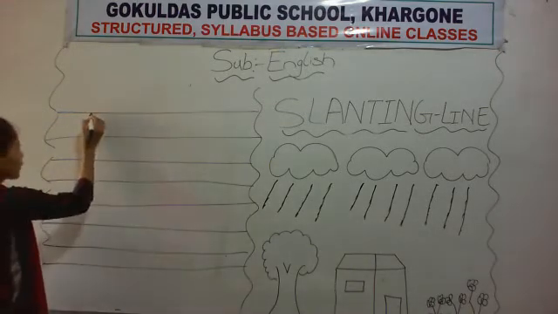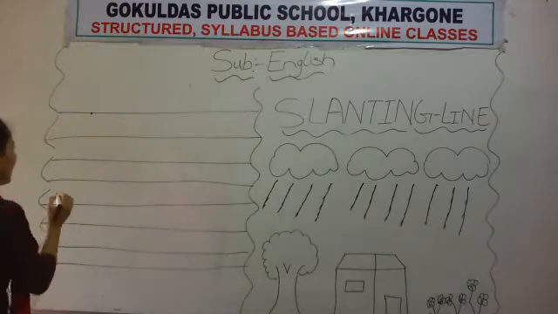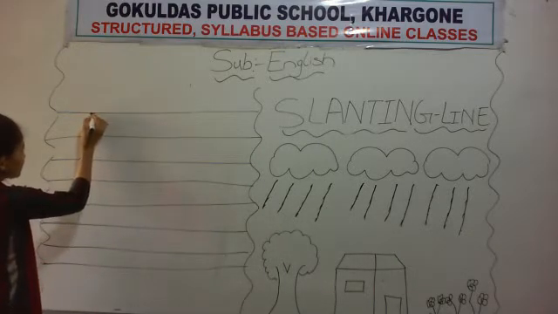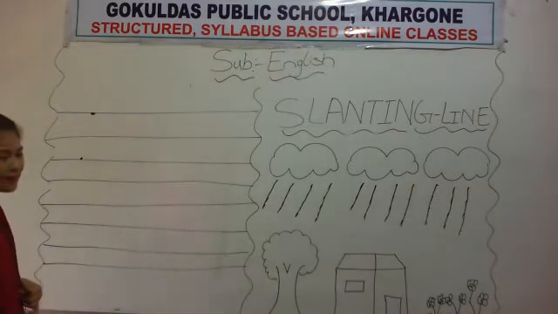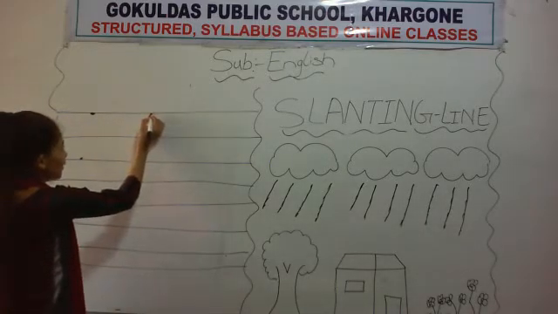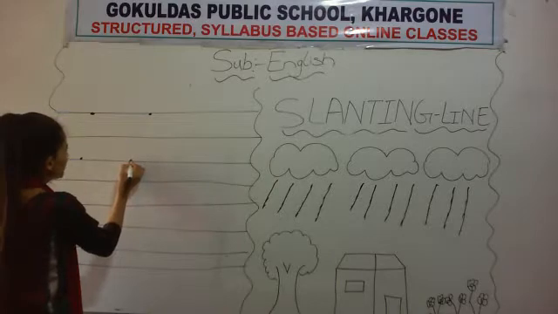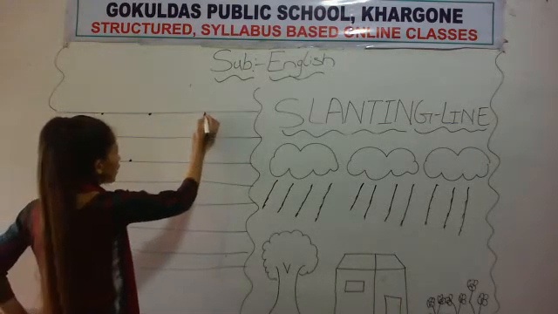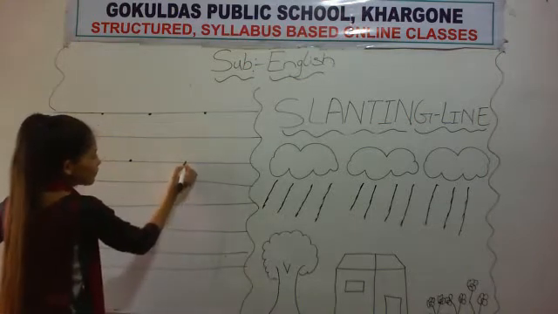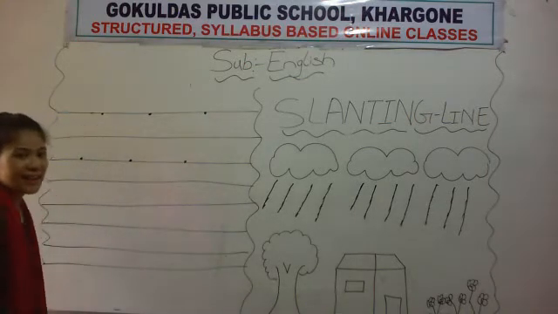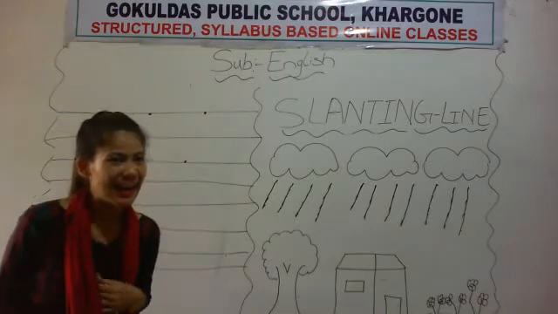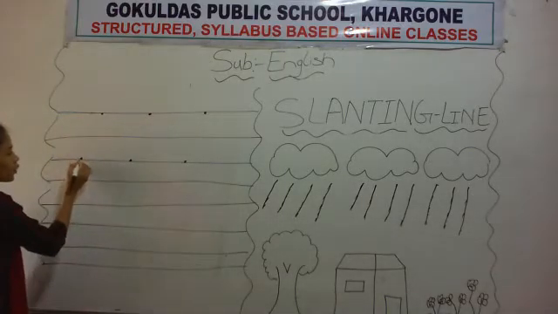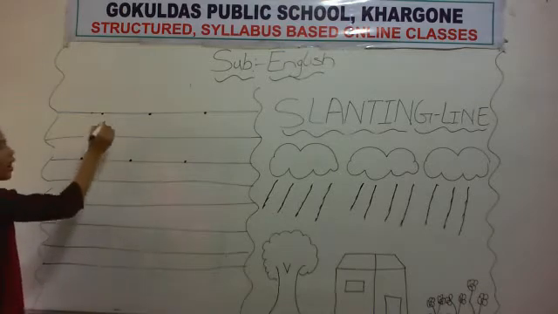Make a dot here and make one more dot here. And make a dot here, make a dot here, make a dot here, and make a dot here. Okay, let's make a slanting line. See, dot, dot. You have to join the dots.